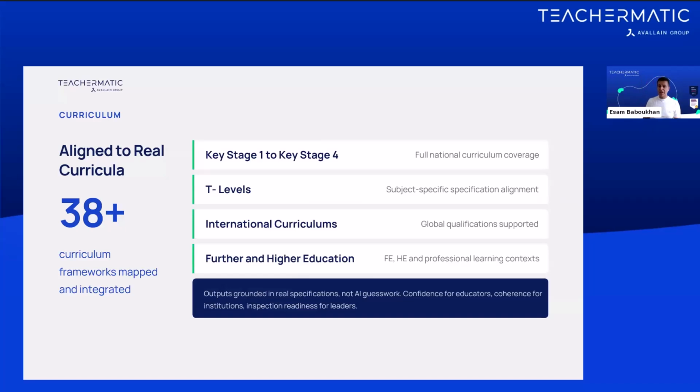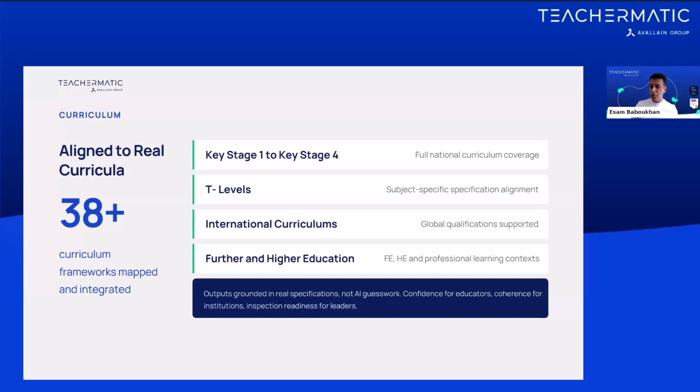So this is, I think, a really important one, curriculum alignment, because this is where TeacherMatic is very different to most AI tools. Most tools are relying on general understanding of the curriculum. So what you tend to get is something that is close enough. And in education, close enough isn't good enough. So what TeacherMatic does is it's built on real curricula.